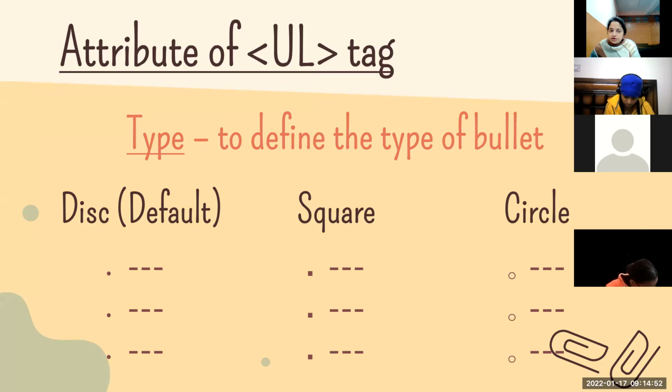By default, if we are not using the type attribute, it gives the disk bullets. If we want square bullets, we will write type equals to square. And if we want the circle bullets, we will type type is equal to circle, like this.